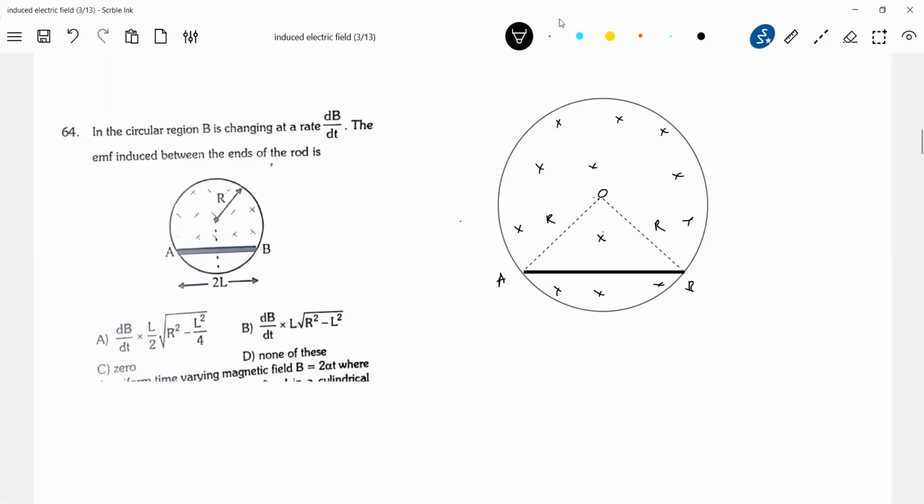So how will E bar be? Once again, this idea is coming for you. This will be the direction of E bar, no? What about for the rod here? At the place of the rod, how will E bar be? Here it will be tangential to the rod.